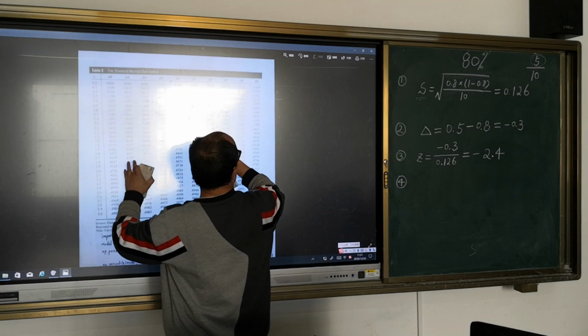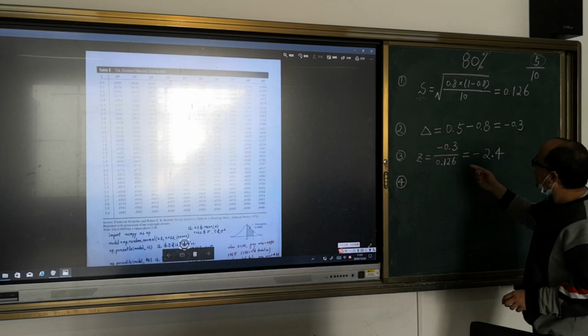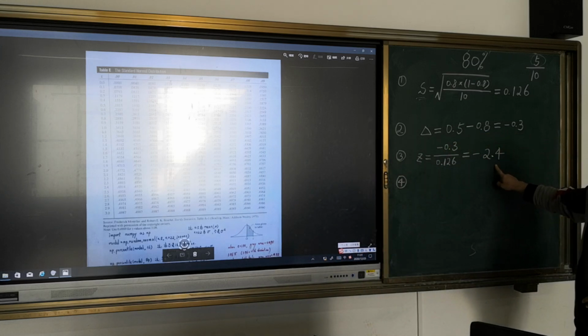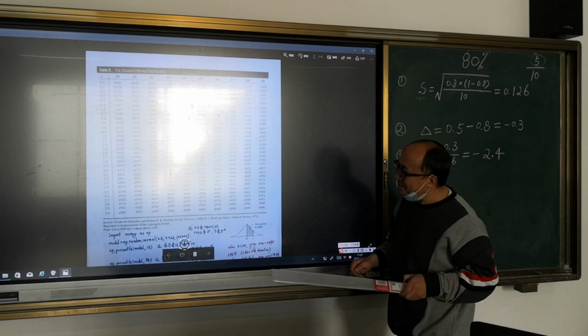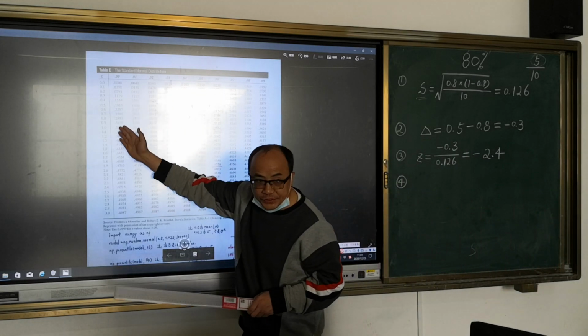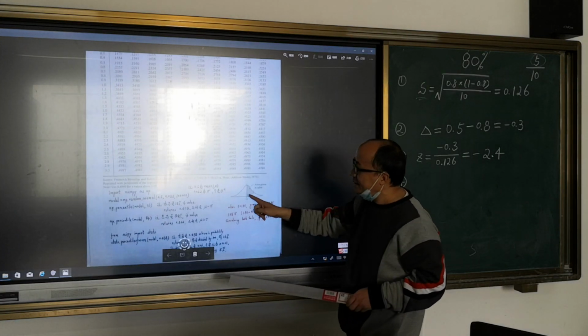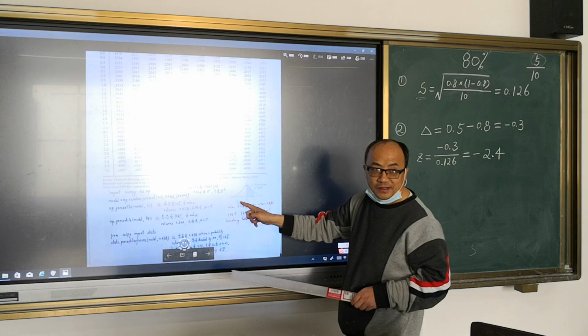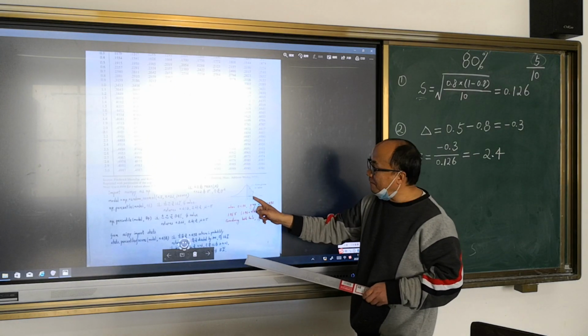How to check, how to find out? Z is a -2.4. We don't have to print the negative, okay? We can find the positive and convert.